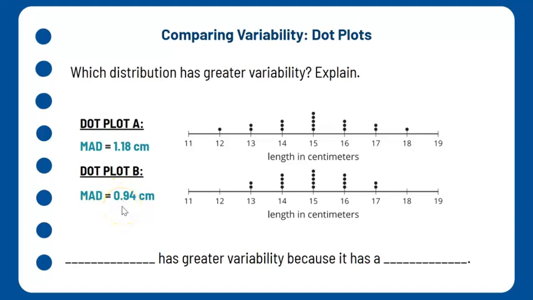This means that the values in the first data set are, on average, about 1.18 centimeters away from the mean, and the values in the second data set are, on average, about 0.94 centimeters away from the mean. This shows us that dot plot A has greater variability because it has a greater MAD.